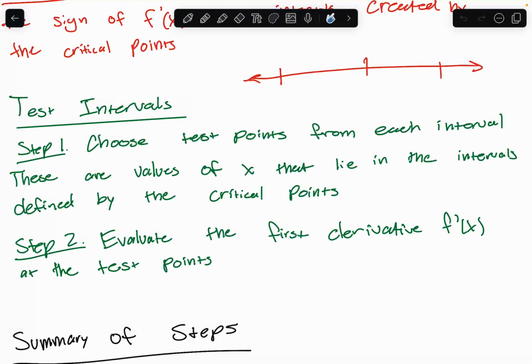For example, one of our critical points, as we'll see later in the example, is 0. And so we would use 1 or -1 as our test points because they fall in the intervals defined by the critical points. Step 2, we evaluate the first derivative, f prime of x, at the test points.